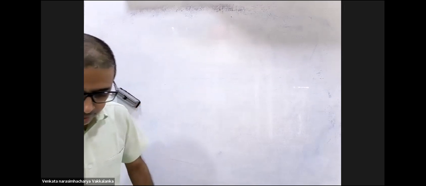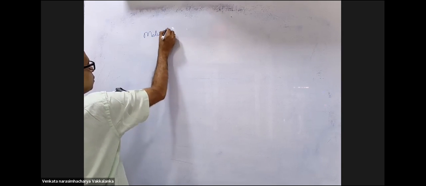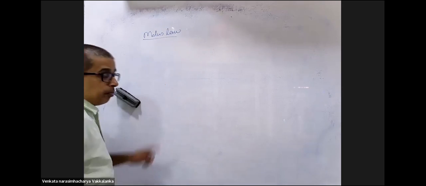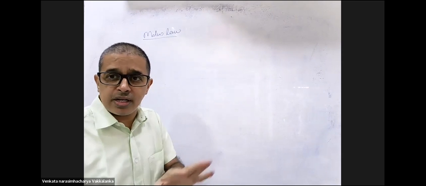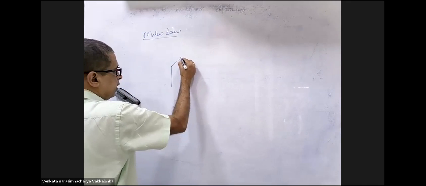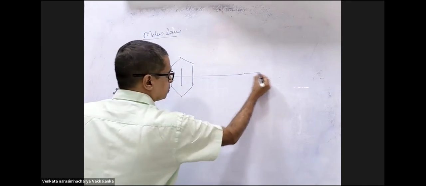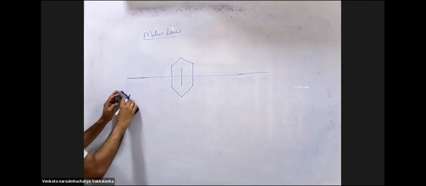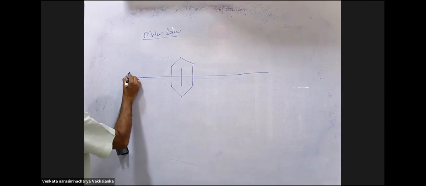The last point is Malus law. Brewster's angle and Malus law are the most exploited as far as polarization is concerned. Listen carefully. This is called a polarizer. This is unpolarized light.